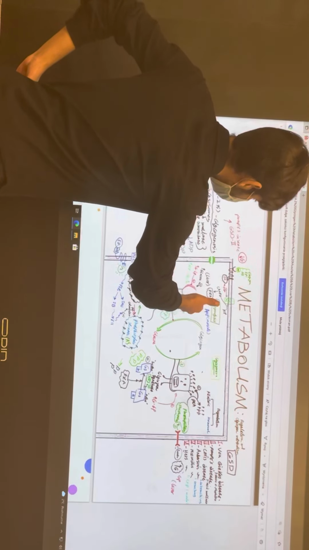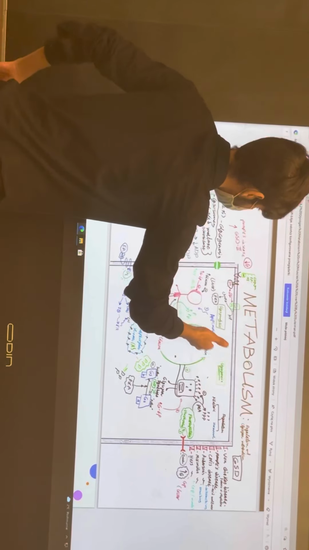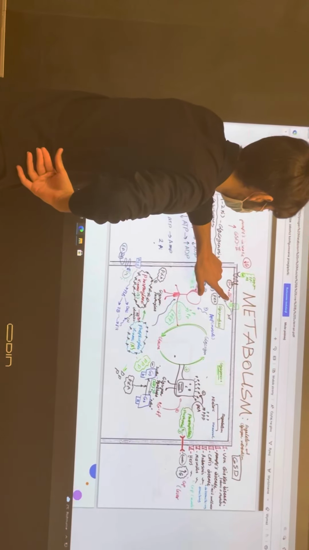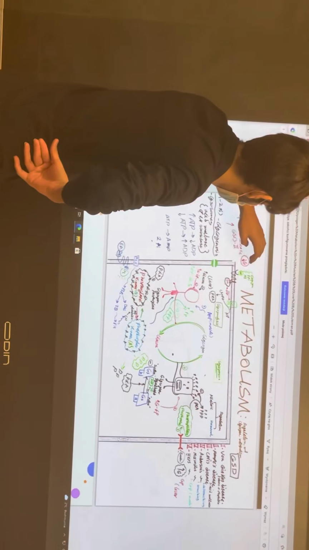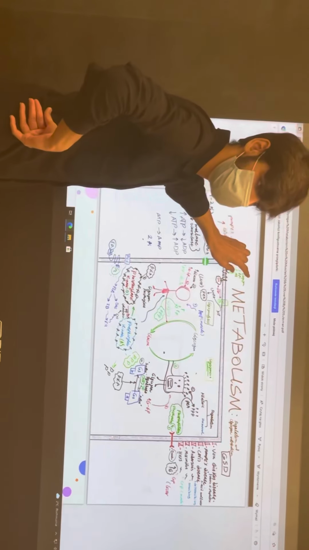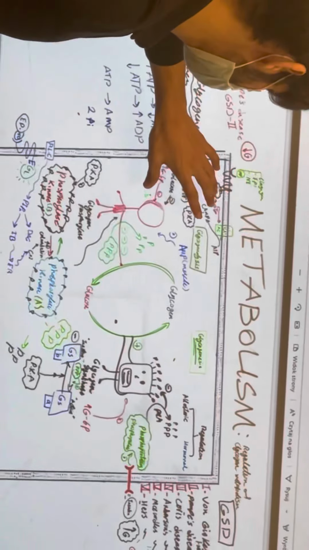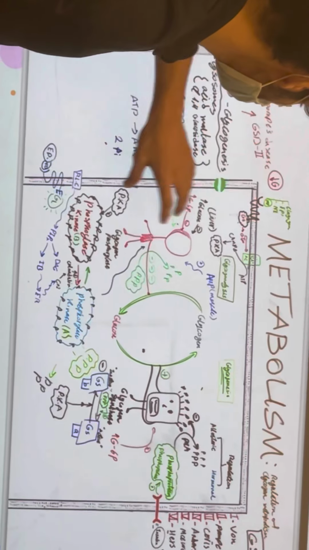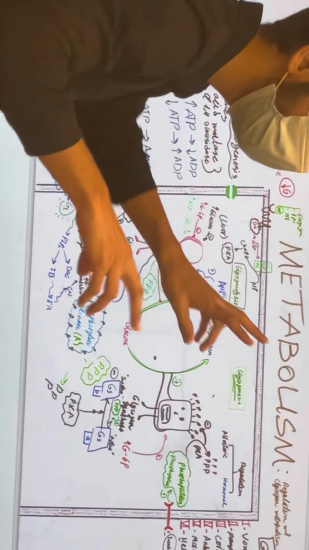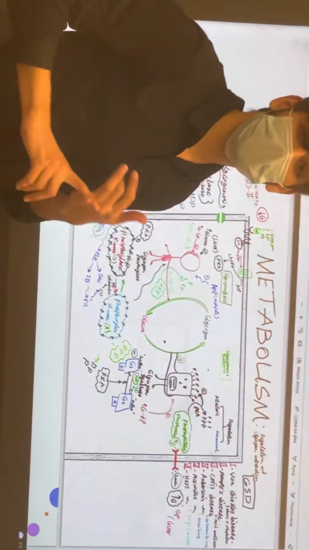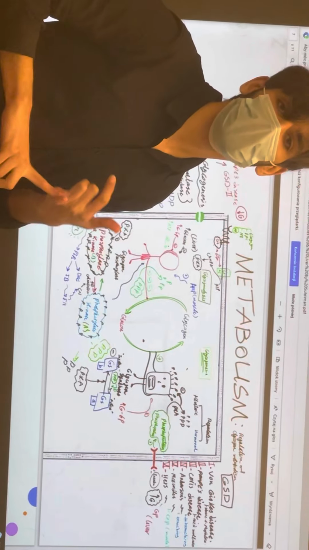So let's begin with this process. If we have decreased blood glucose level, first of all, I will just say before I go there that we have two kinds of regulations: allosteric regulations and hormonal regulations.